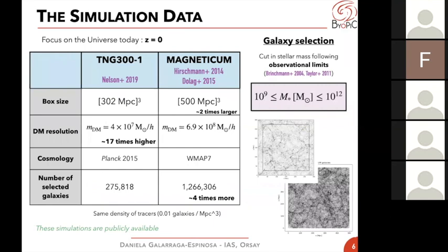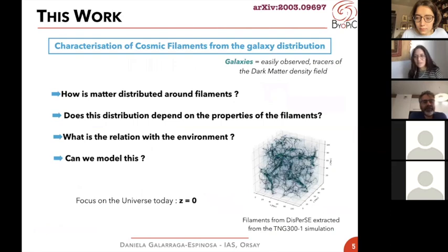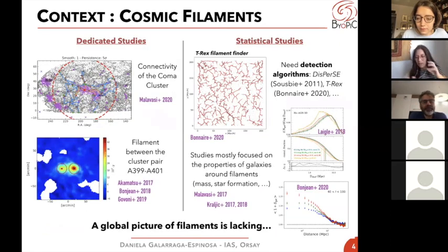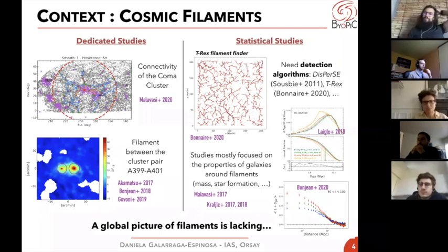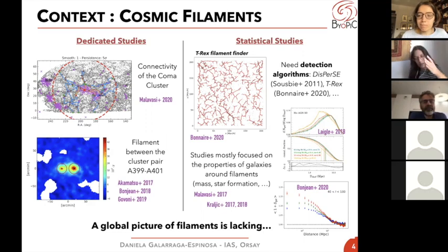Yes, thanks for your question, because actually the detection of filaments is a nightmare, because each method depends on its own physical parameters. You have methods that use the Hessian of the density field, other methods such as DisPerSE that use the topology of the density field, and other methods that detect filaments based on the distribution of velocities of the matter.